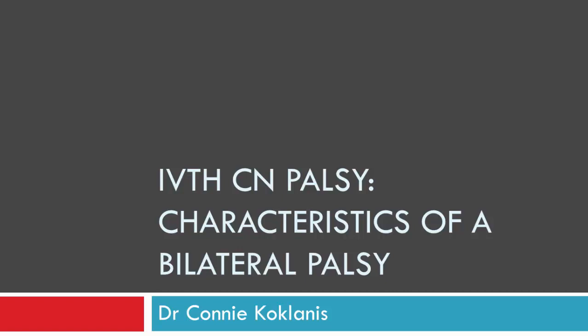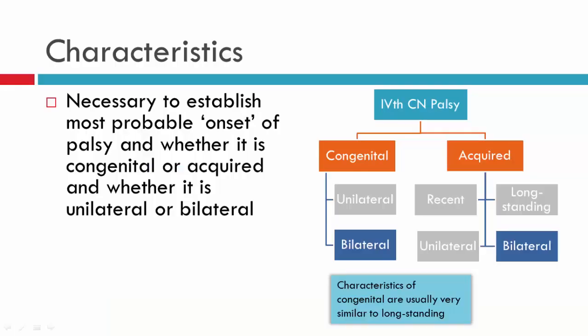Now, bilateral fourth nerve palsy is relatively common, so you need to be aware of the distinction between a unilateral palsy and that of a bilateral palsy. This video will therefore be focusing on the features of a bilateral fourth nerve palsy, regardless of whether it is congenital or acquired.